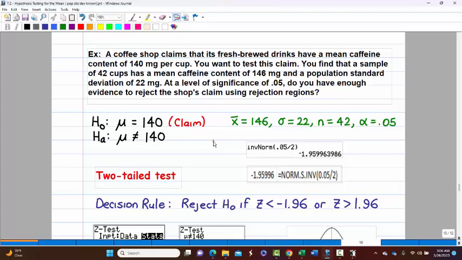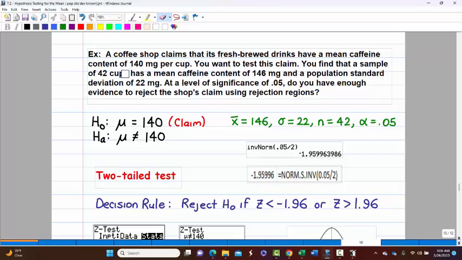At the level of significance of 0.05, do you have enough evidence to reject the shop's claim using rejection regions? All right, so mean caffeine content of 140 milligrams per cup.